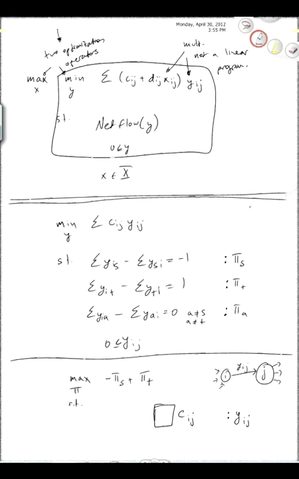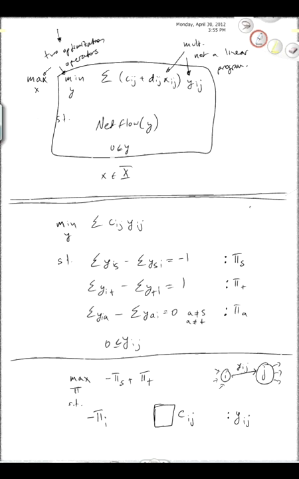It's going to appear in the constraint for I, and it's going to appear in the constraint for j. So in the constraint for I, it appears with a -1 coefficient because it's leaving node I. Because it appears with a -1 coefficient in that constraint, which has a dual variable pi I, over here we're going to have a minus pi I. So that comes from the -1 coefficient of the y for this constraint for node I.